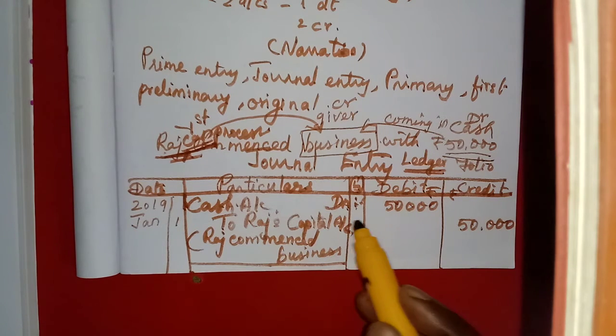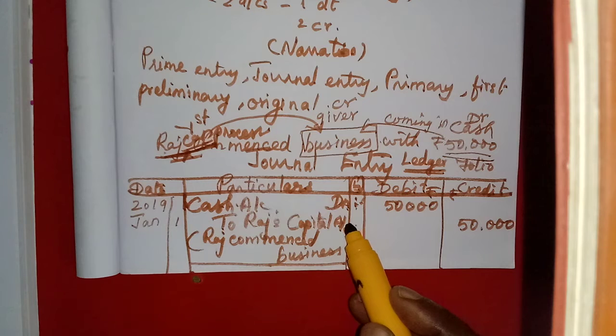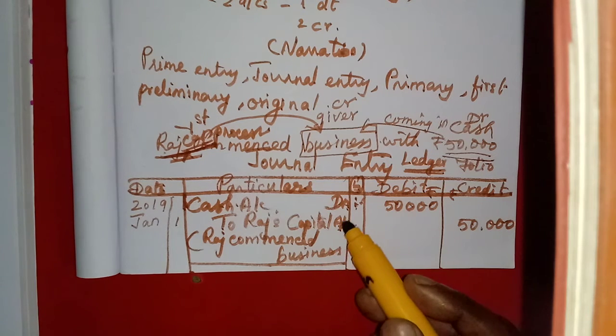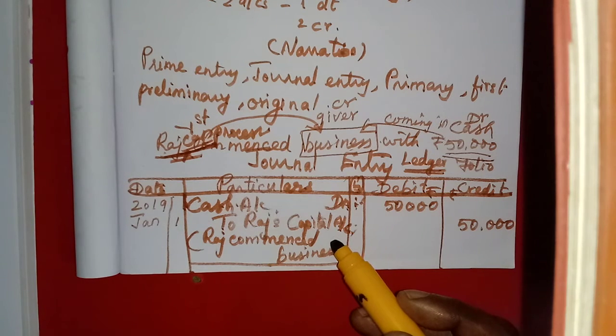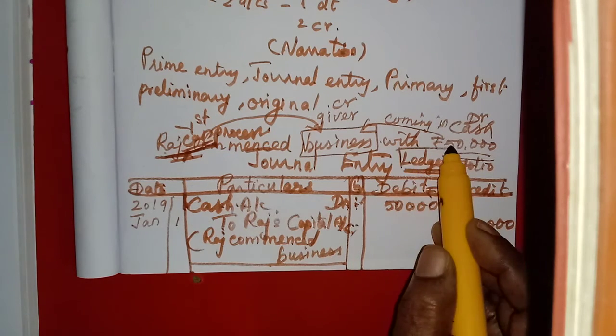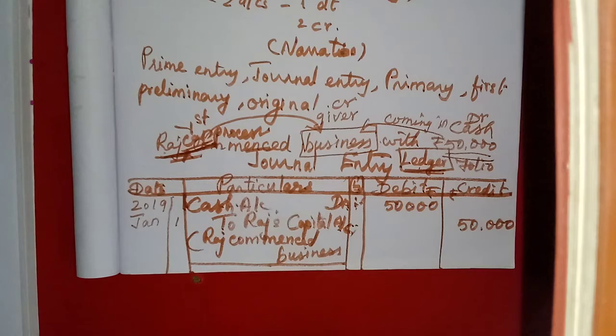If it is not posted, then it will be blank. At the time of locating any error, it is easy to find out whether we have posted all the accounts in the journal entries. So the page number will be written only at the time of posting in the ledger account.